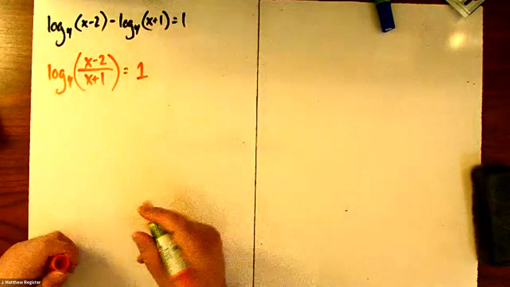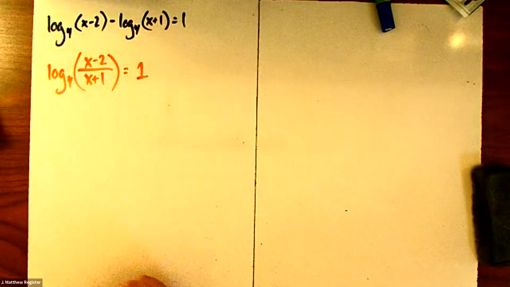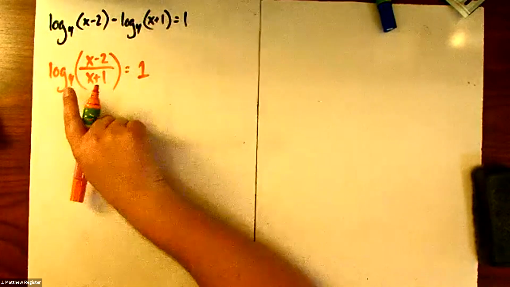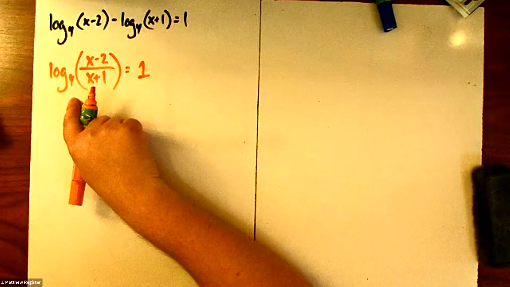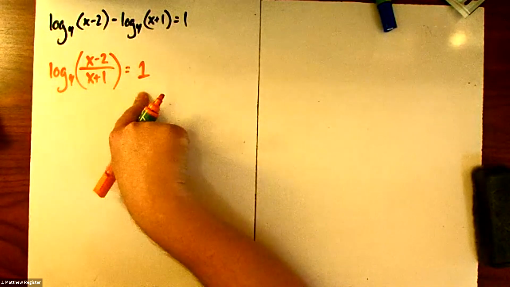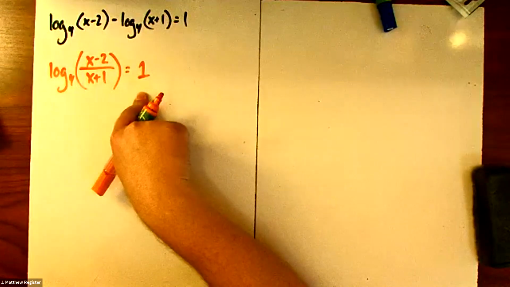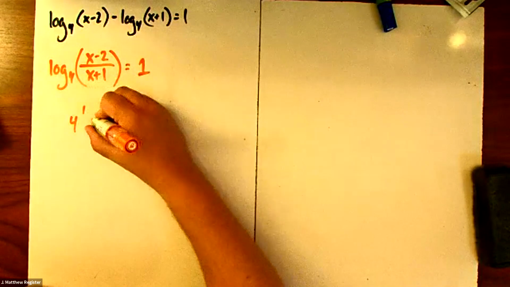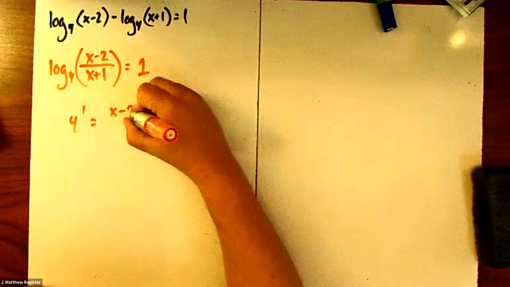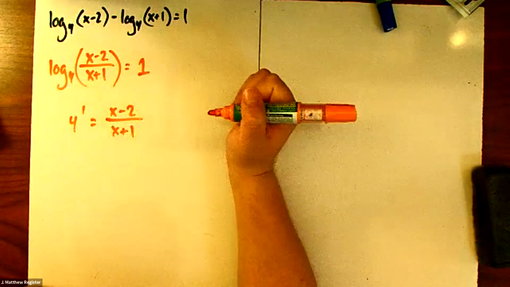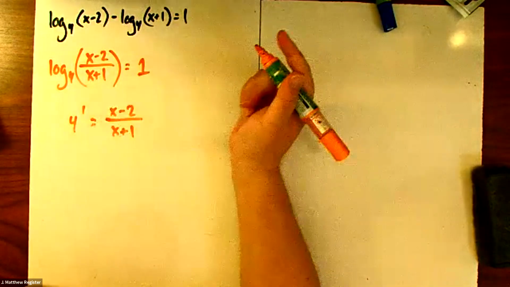And I know it goes without saying, but if you want to, you can always pause the video and try on your own first. From here, it's written as a logarithm. So this is log base 4 of this stuff equals 1. Using the definition of logarithms, we can rewrite this as 4 to the 1 equals x minus 2 over x plus 1. Well, 4 to the 1 is just 4.